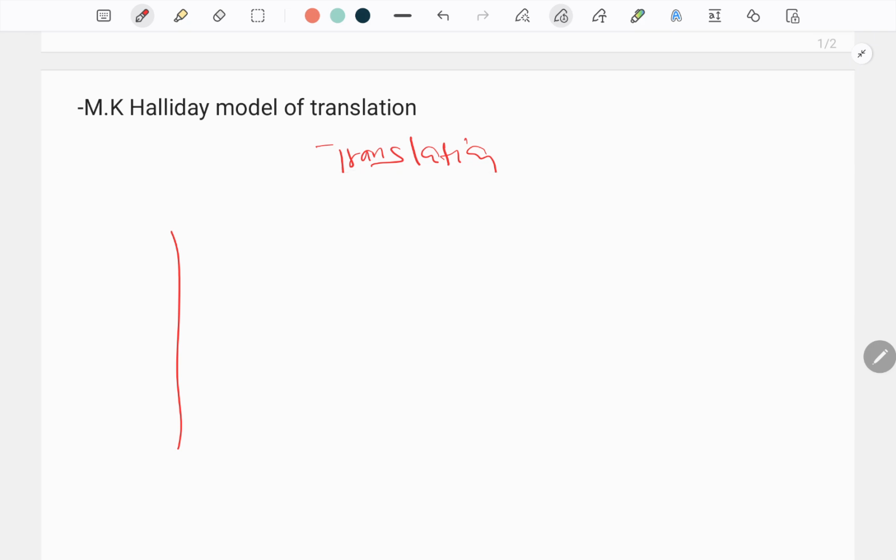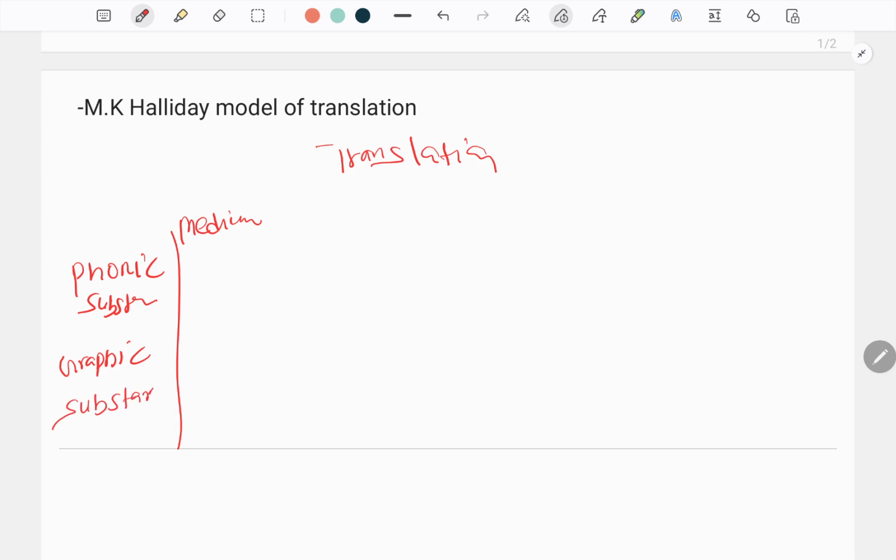According to Halliday, he takes the medium, which has two parts: first the phonic substance, and second the graphic substance.